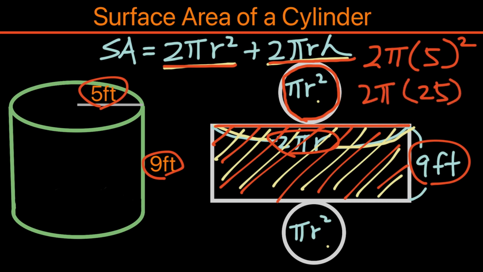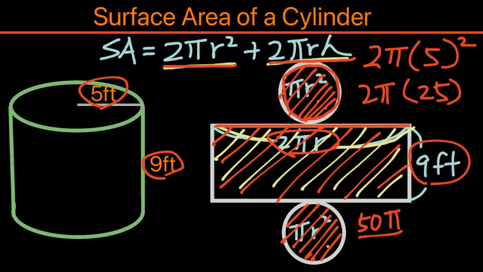So we take 2 pi times 25, and we would get 50 pi. So 50 pi here is the area for the 2 circles. Now let's find the rectangle.